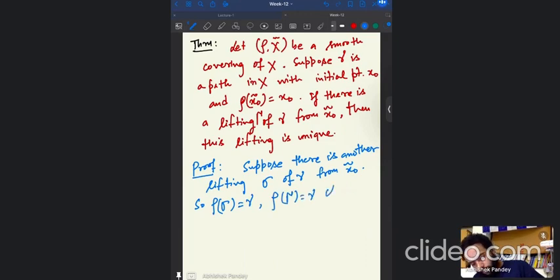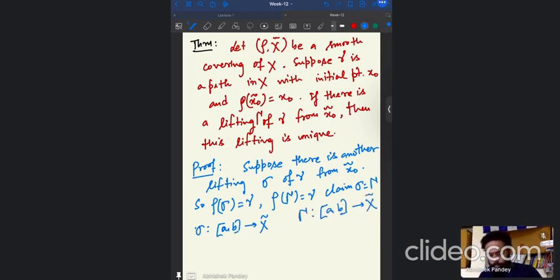Our claim is that this sigma is equal to gamma. So what are this sigma and gamma? This is from A to B to x tilde, and this gamma is also from A to B. So these are the parameters of this curve.